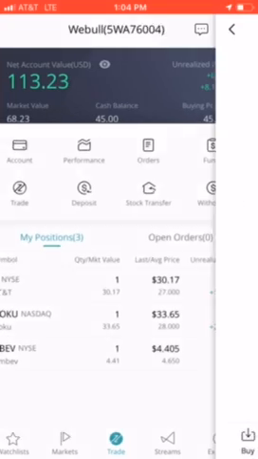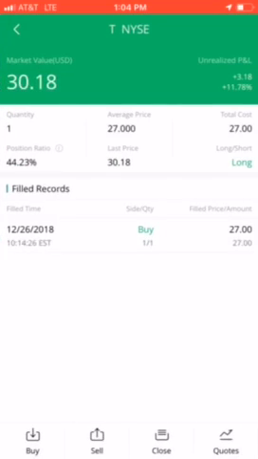So if I look here at AT&T, I only have one, but I bought it at a price of exactly $27. That was probably its lowest low of the year because of this tweet that Trump let out. And I took it as a buying opportunity. I bought in at 27, and since then the stock has gone up to 30.18.